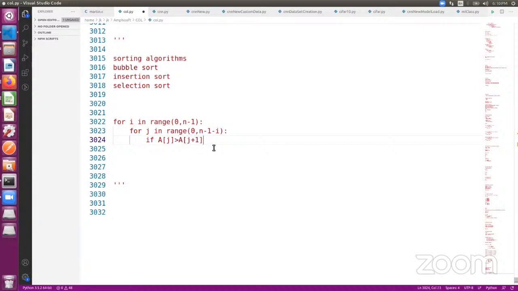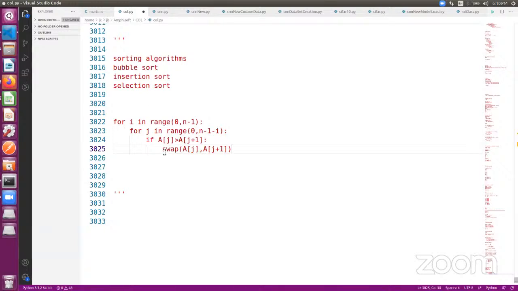So these are the adjacent elements, right? Swap A of J and A of J plus 1. That's all. Understood? This is your bubble sort algorithm.